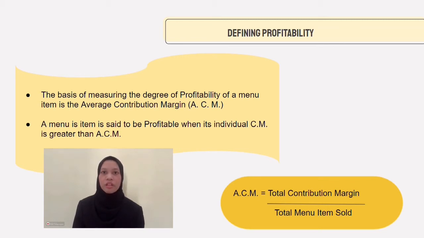Continual reappraisal and review of menu prices, portion cost, and sometimes menu design. The basis of measuring the degree of profitability of a menu item is the average contribution margin, ACM. A menu item is said to be profitable when its individual contribution margin is greater than the ACM.